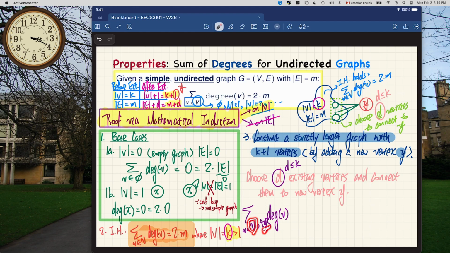So we can separate into two parts. Separation of concerns. So all we do is, this will be equal to sigma over here, v quantified over only just capital V, and then degree of little v, think about one term, and then plus something. You can think about this part over here as the extra degree counts because of y.